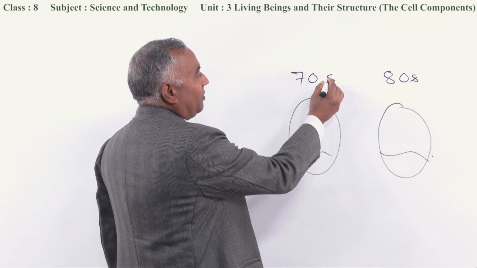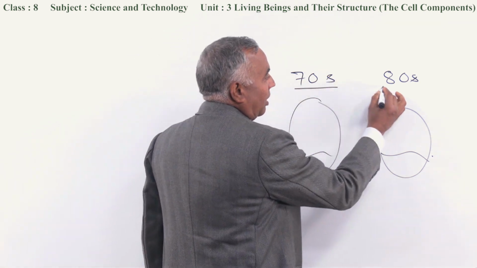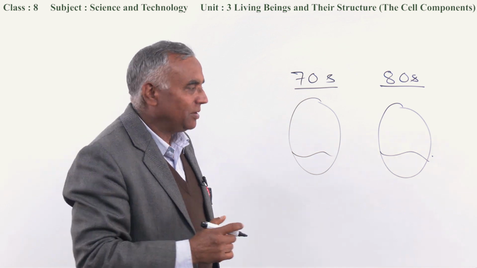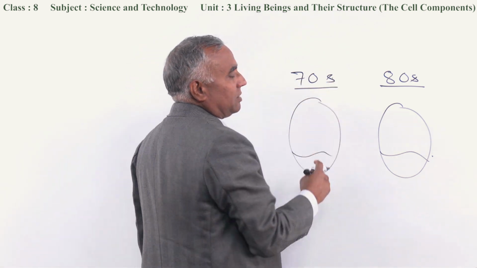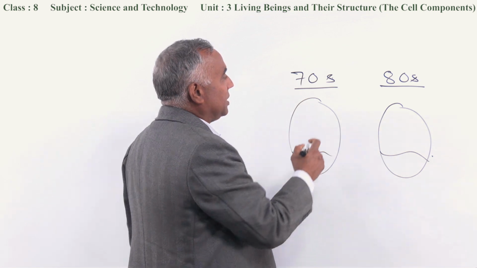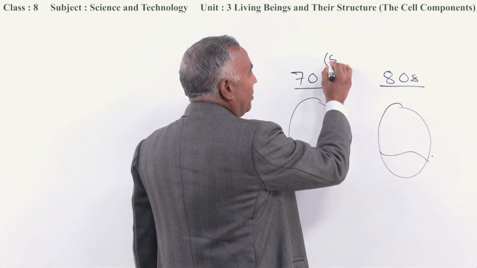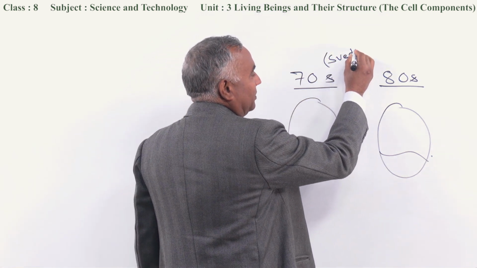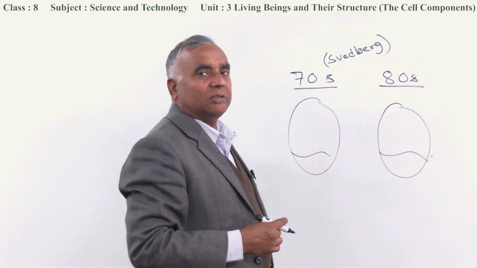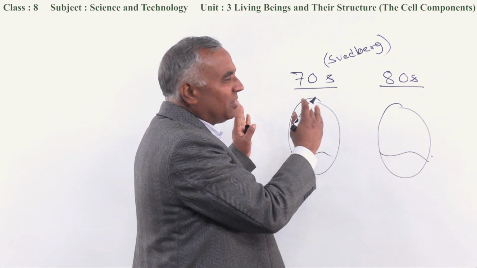In fact, this is a thing of higher level. 70S means that S is sedimentation capacity, and it is the short form of Svedberg. 70 Svedberg. That is not necessary for your level.